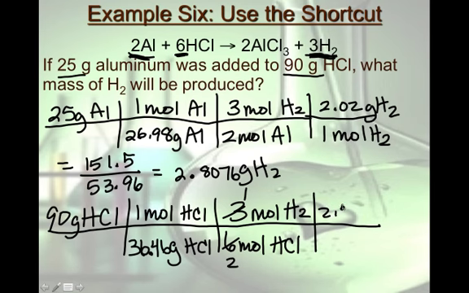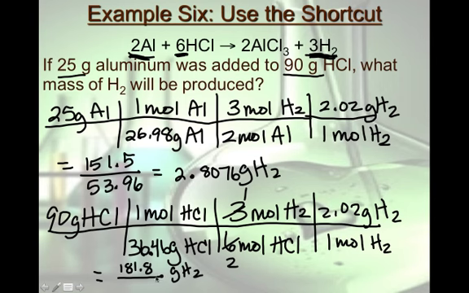And grams, 2.02 grams of hydrogen is 1 mole of hydrogen. Okay, so you ready for calculator time? Yes. Let's do 90 times 2.02 for the top. 181.8. And that's grams of hydrogen.